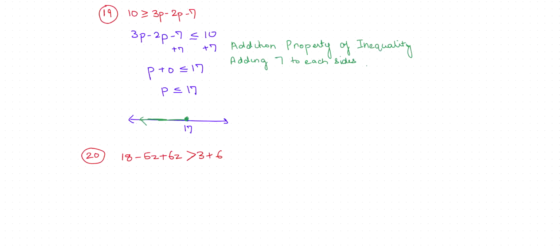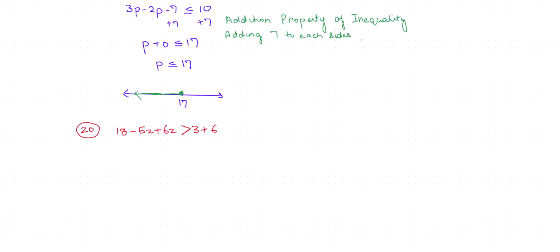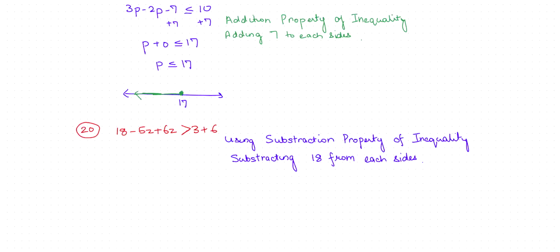So this is the question given to us and we have to solve this inequality. In this case, we want variables on the left and numbers on the right. So let's subtract 18 from both sides using the subtraction property of inequality. So this is -18.